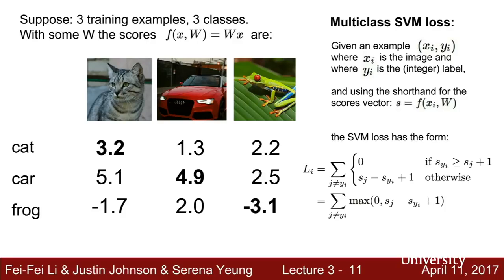And now, if the score for the correct category is greater than the incorrect score by some safety margin that we set to 1, that means that the score for the true category is much larger than any of the false categories, then we'll get a loss of 0. And we'll sum this up over all of the incorrect categories for our image. And this will give us our final loss for this one example in the data set. And again, we'll take the average of this loss over the whole training data set.